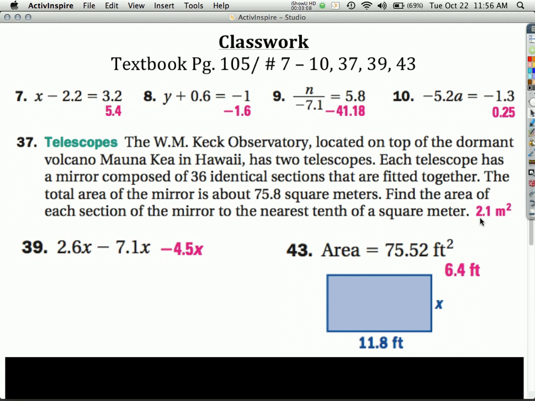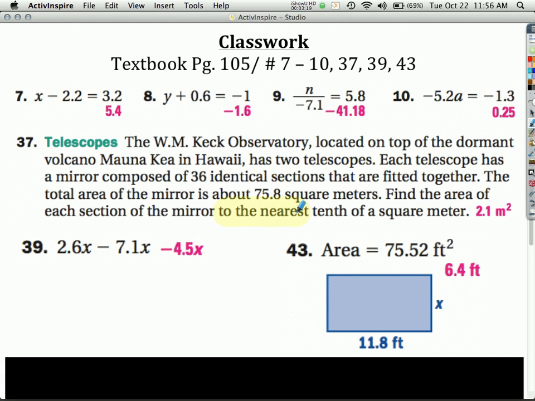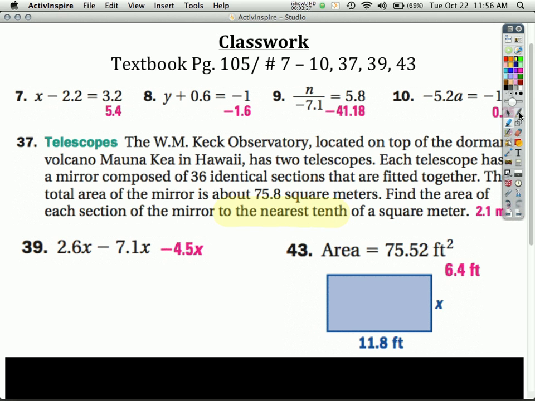But again, number 37 had to be 2.1. Number 37 said round to the nearest tenth. Comments or questions on any of these?